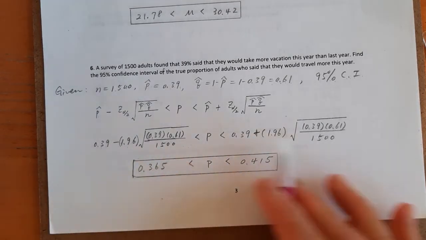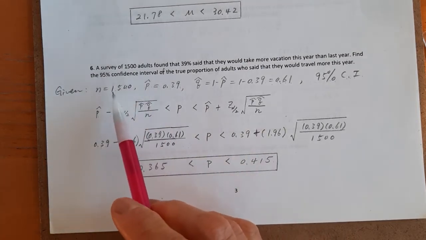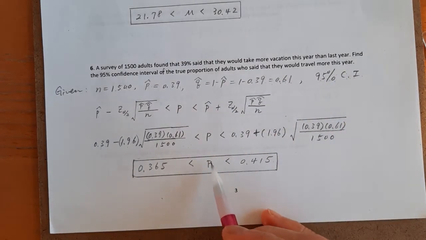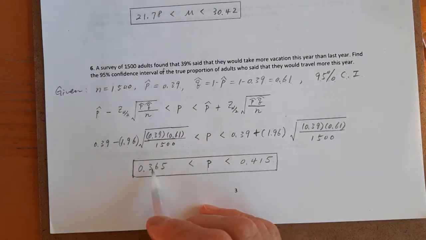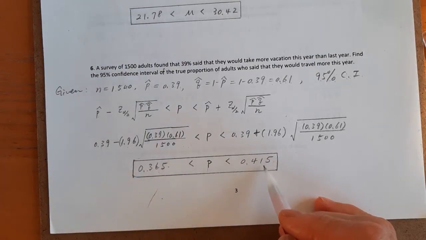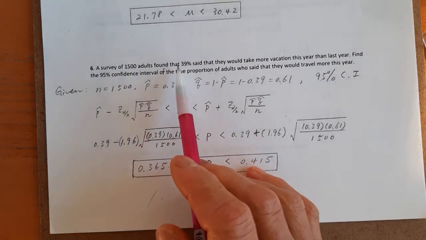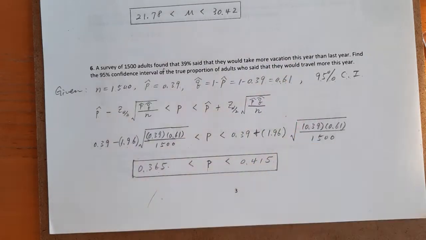Using a calculator, we are 95% confident that the true proportion falls between 36.5% and 41.5% of adults who would take more vacation this year than last year.